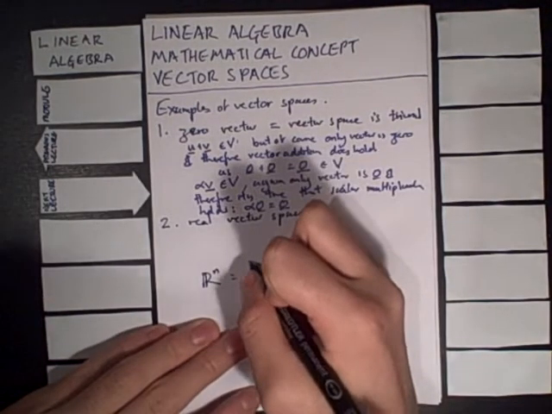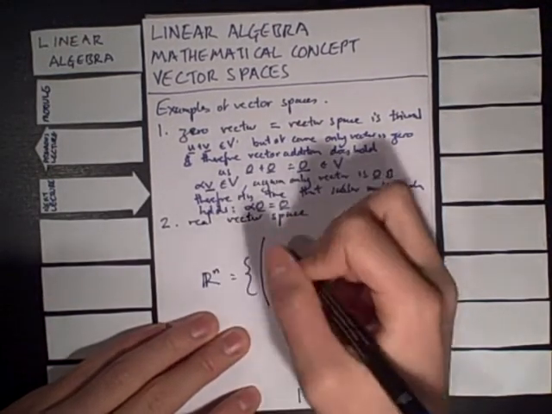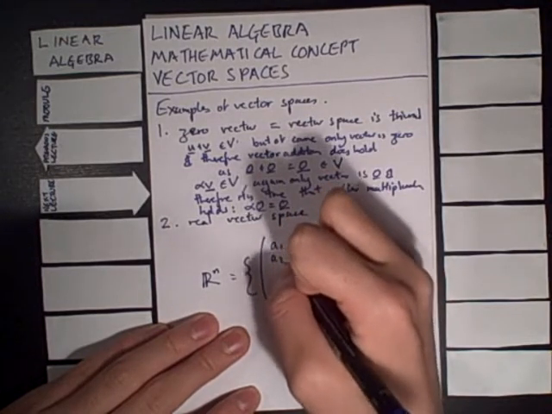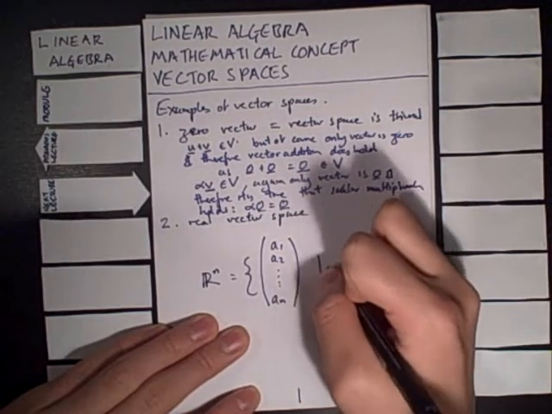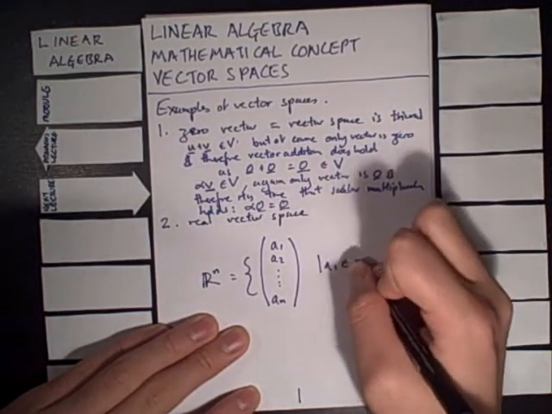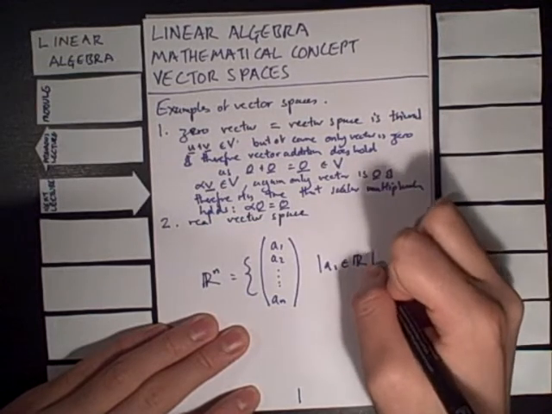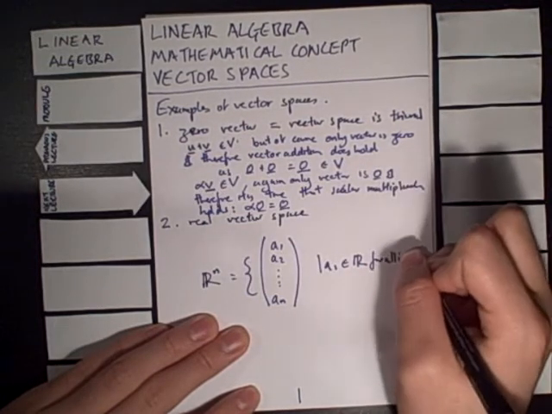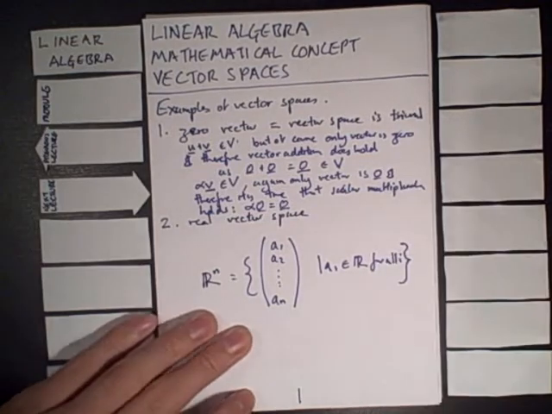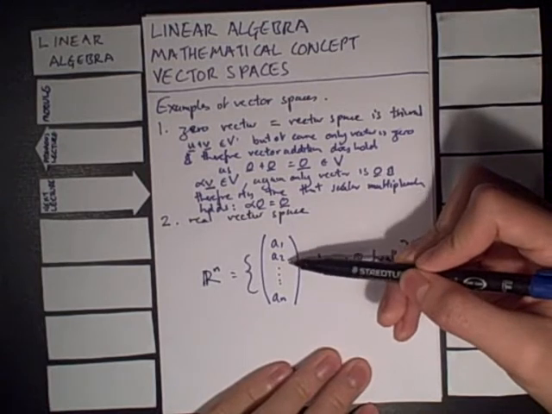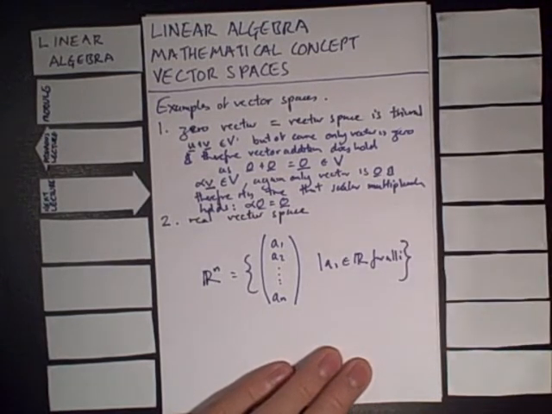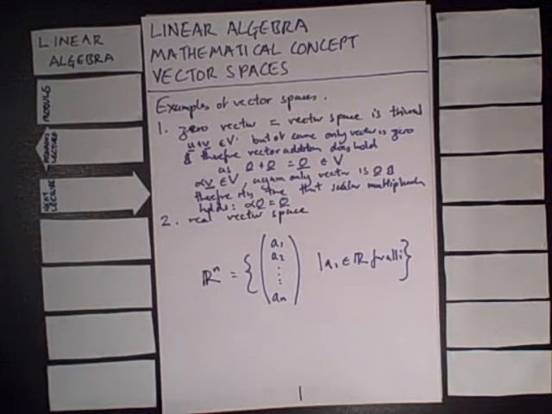So if we have a vector space, each of these is a real number. Why? Because it's called a real vector space.